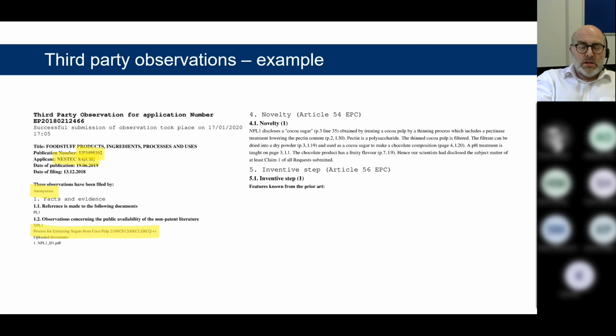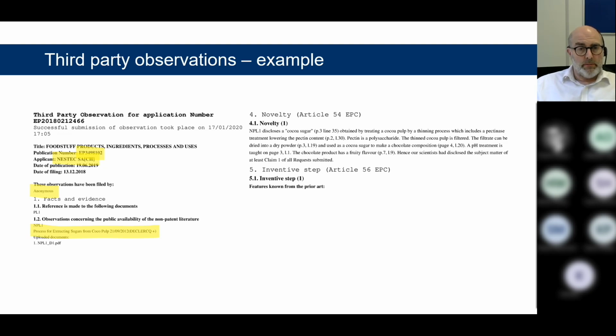On the screen is just a very brief review of actual third-party observations that were filed at the European Patent Office. You can see it's incredibly simple, this one. It's literally listing the patent itself that you want to try and file observations against, the patent owner, which in this case is Nestec. You can see in the middle that the observations were filed anonymously.